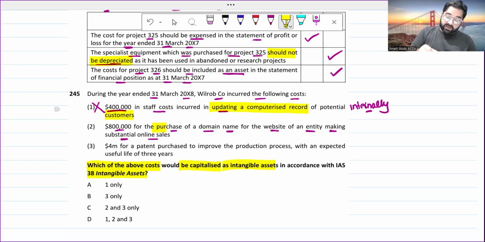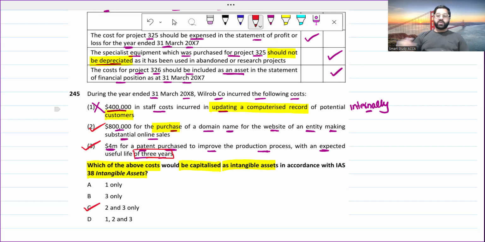It is a purchased intangible asset, so it will be capitalized. 4 million for a patent purchased to improve the production process with an expected useful life of 3 years. It will be amortized over the life of the asset and it will be capitalized. So the correct option is option C for this MCQ.